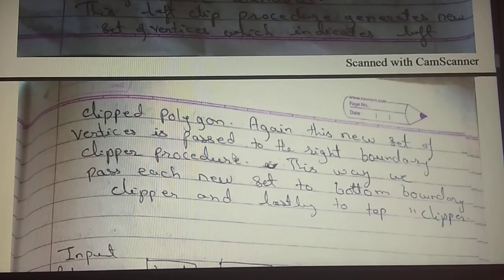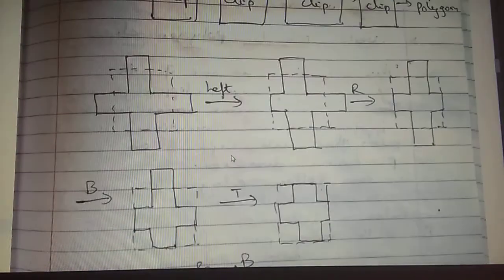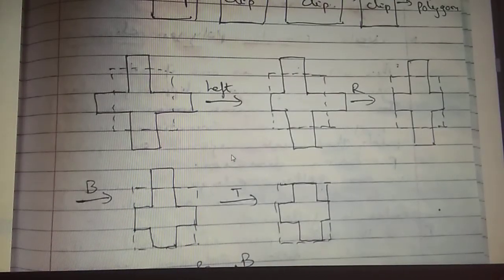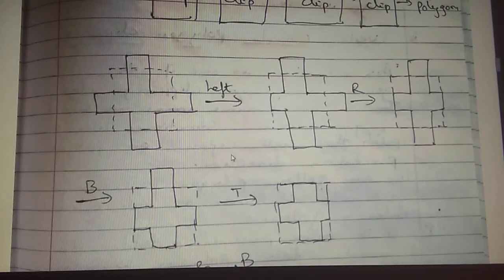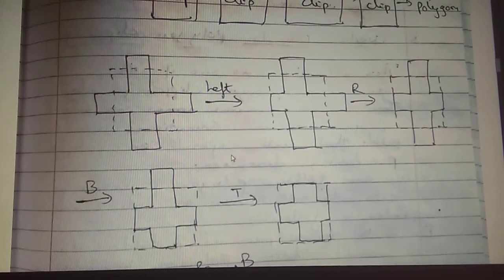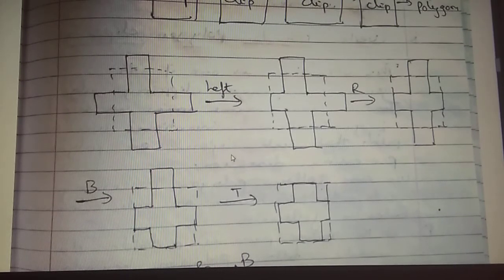Now let's see this image. Here we see the four different stages which are required to clip a polygon. At the end of every clipping stage, a new set of vertices is generated and this modified polygon is passed to the next clipping stage.